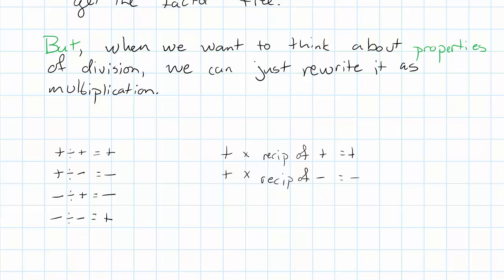The positive times the reciprocal of a negative number is a negative number, and so on. So really, all that we're saying is the reciprocal keeps its sign the same, and that's incredibly plausible.